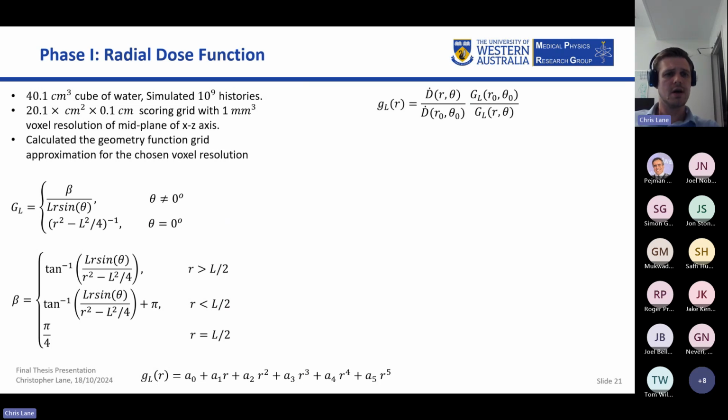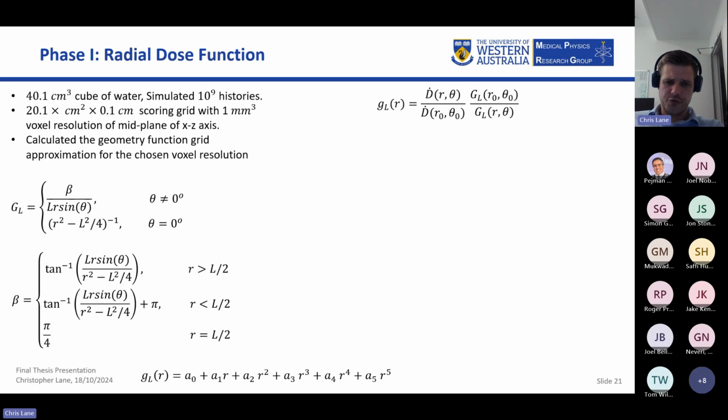Once done, I used the geometry function, the grid approximation from TG43, to calculate the geometry function, and then calculated the radial dose function as the dose rate over the dose rate at the reference point, times the geometry function at the reference point divided by the geometry function.